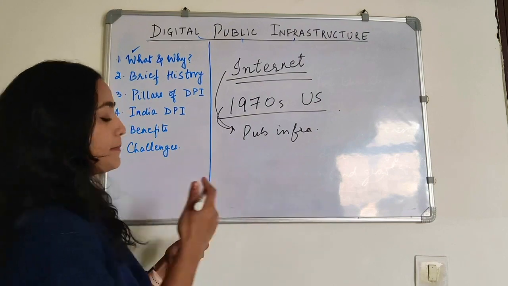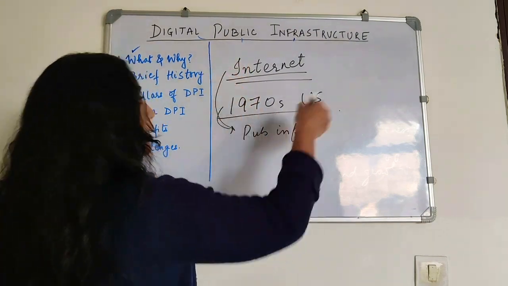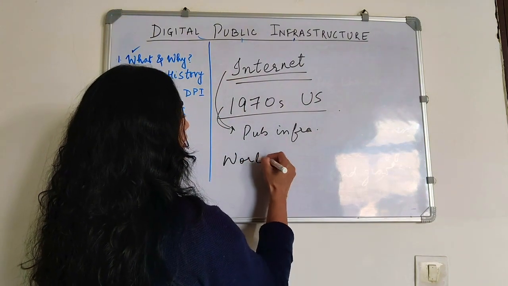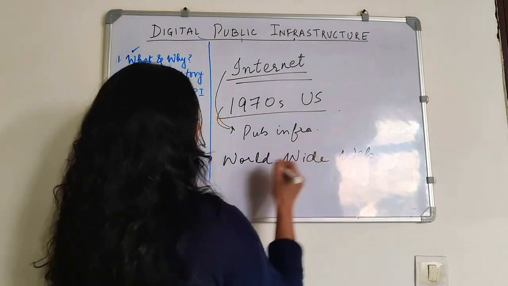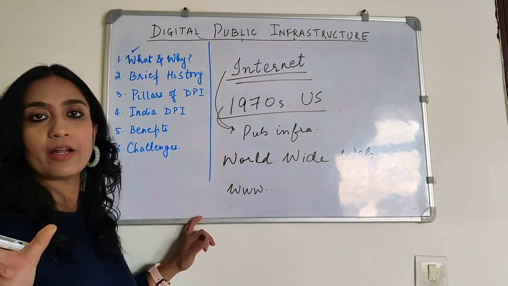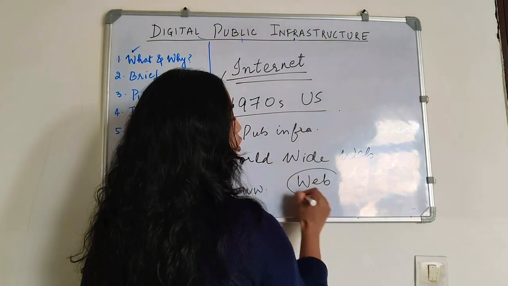The second development in this DPI zone was the World Wide Web, the www that we have in front of any web address. It's also called the web for short.